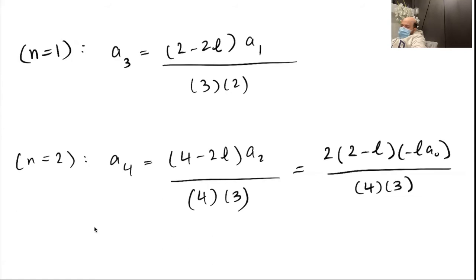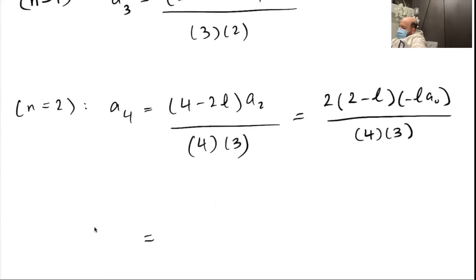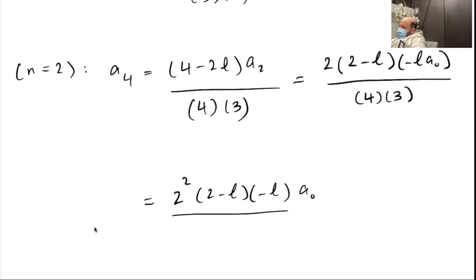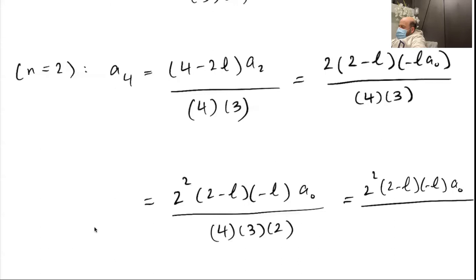So I multiply top and bottom by 2, and I can write this as 2 to power 2 times (2 minus l) times (minus l) a naught divided by 4 times 3 times 2, which is the same as 2 to power 2 times (2 minus l) times (minus l) a naught divided by 4 factorial.